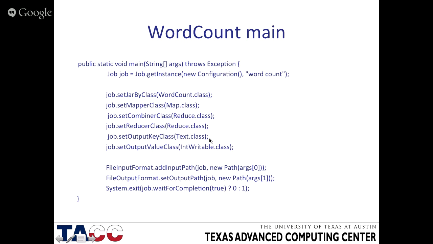Then you set up your input format, in this case text input, and your output format. And then this one just says I want to run this job until it either fails or is successfully done. So that's the real implementation. You can have access to this simple code during your exercise as well. But you can see that's all it takes to do that programming.